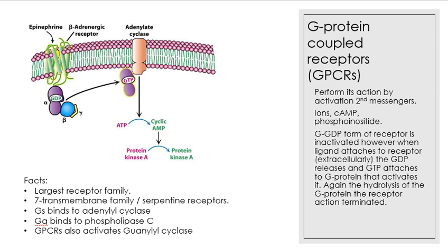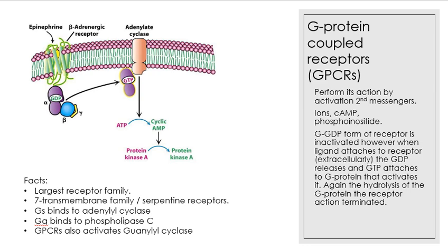So let's see how the receptor actually activates. Whenever the receptor binds to the ligand, it undergoes some conformational changes, which means that the GDP will be converted into GTP, and that GTP is an activated form of the G protein coupled receptor, and this causes activation of the enzyme.